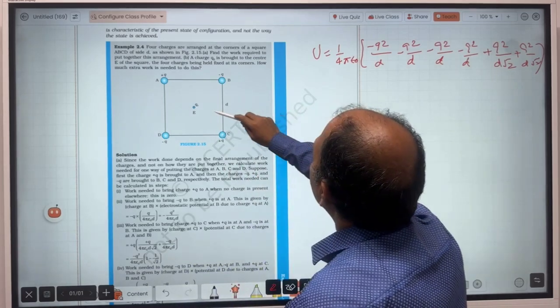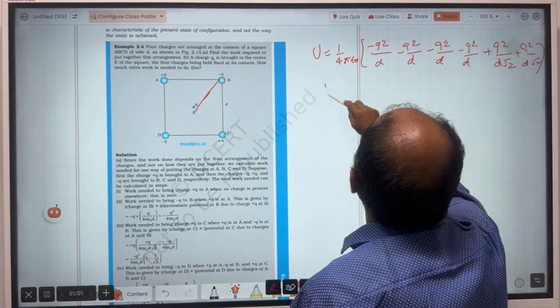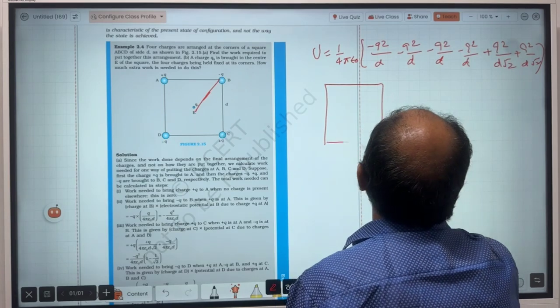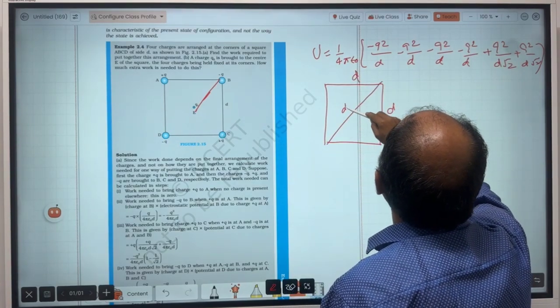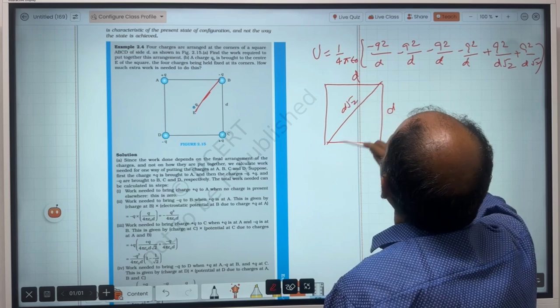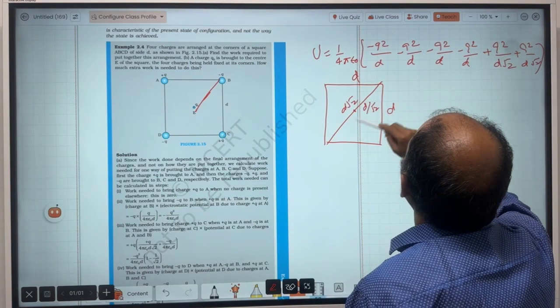Here, what will the separation be? We can see this is D, this is D, so the diagonal will be D root 2. And if you take its center, it will be D upon root 2.